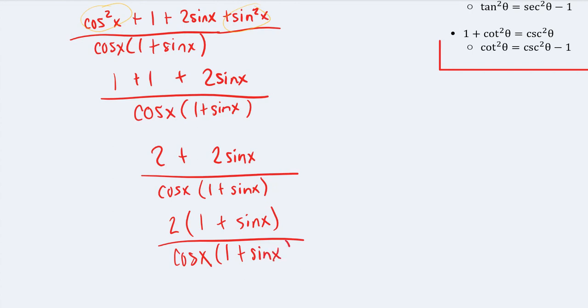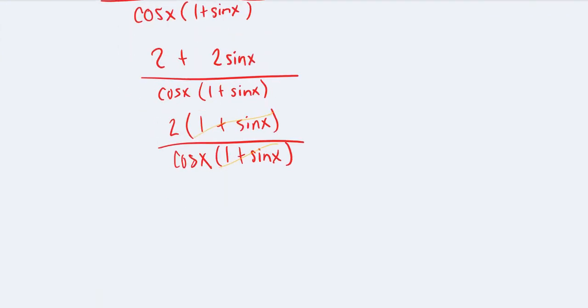And now we have 1 plus sine and 1 plus sine on the numerator and denominator. So that means that we can cancel that out. And so you're left with 2 over cosine. If cosine's on the denominator, then we could take the reciprocal of it. The reciprocal of cosine is secant, so 2 secant, which is what we wanted the right-hand side to equal.